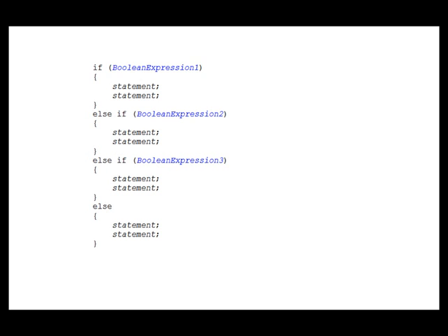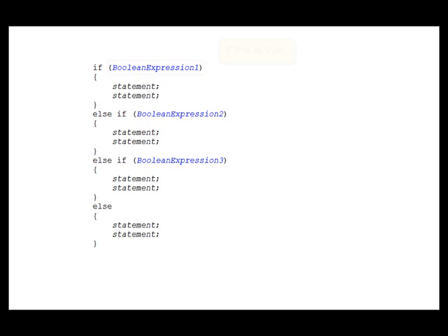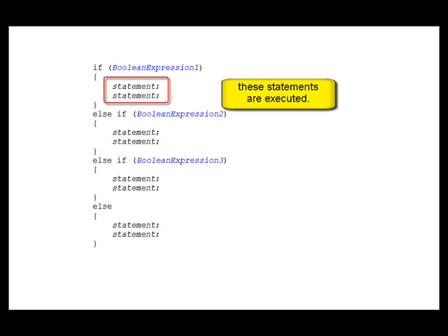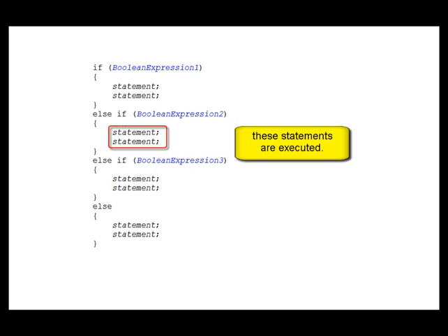Notice that in this particular example we have three Boolean expressions. The statement works like this. If this Boolean expression is true, then these statements are executed. Otherwise, if this Boolean expression is true, then these statements are executed.